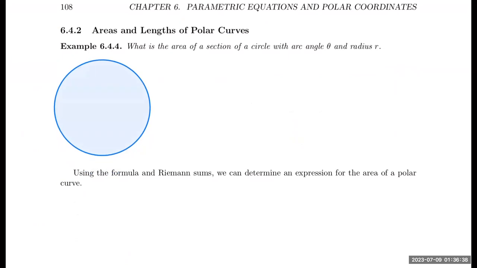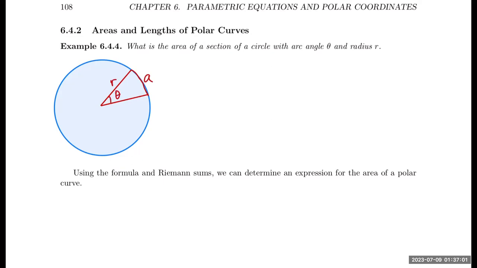Say we take from the origin to here. So that's one part, this is another part. If this is your arc, let's call it A. We have a radius of r and an angle theta here.